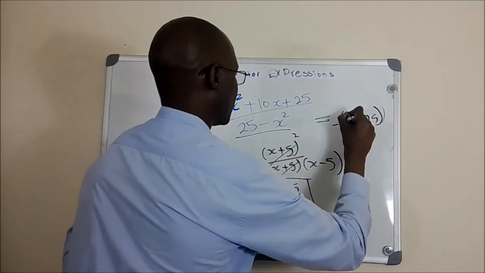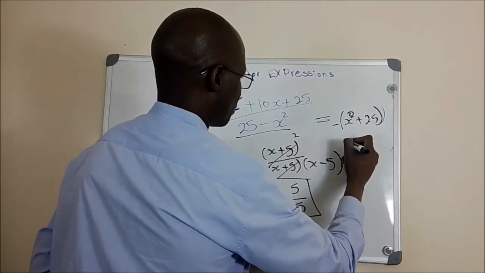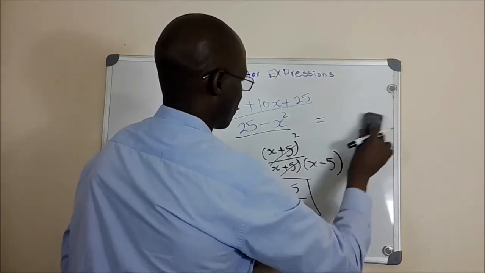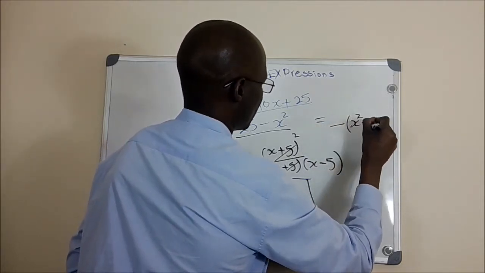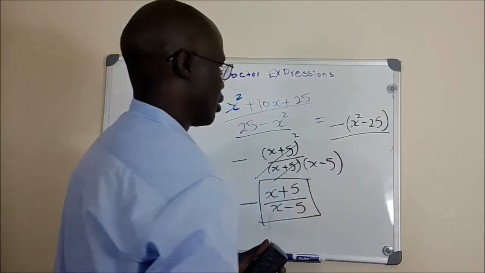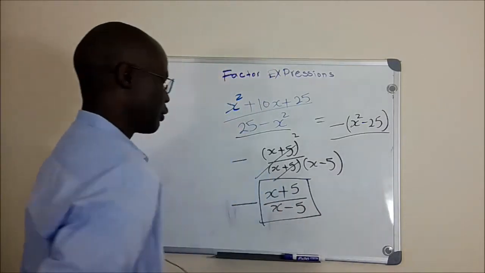And that's what we did. When you put it together, you're going to leave with x minus x squared minus 25. And this one should be equal, and that's how we get 25.